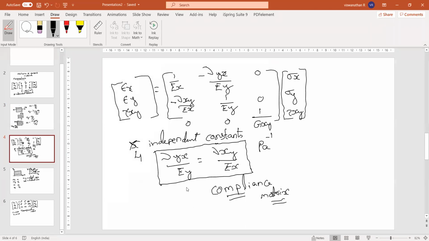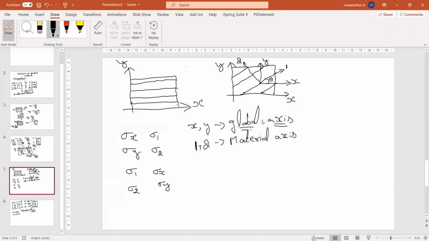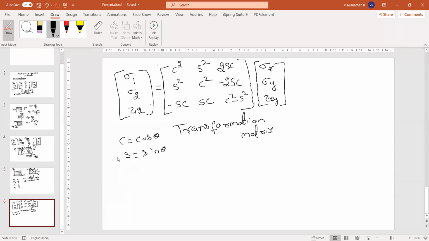Then we arrived at 4 independent constants, and then we said there can be a global axis and a material axis when the fibers are oriented at a different angle and not parallel with the x direction. This is called the transformation matrix, where you relate the local or material axis stresses and the global stresses. When you know the global stresses, you can find this.